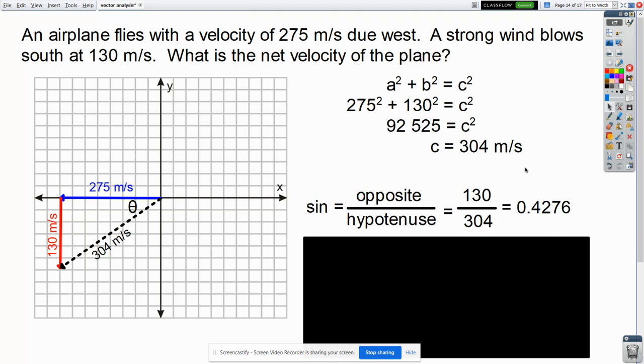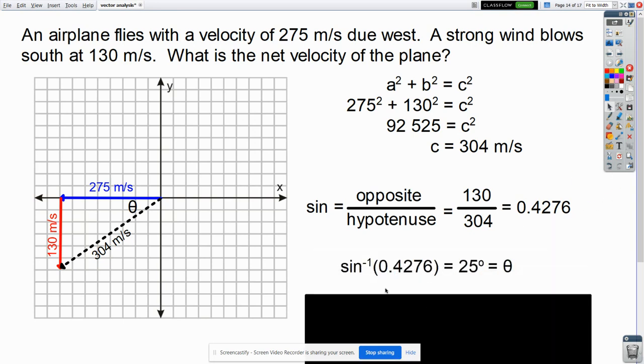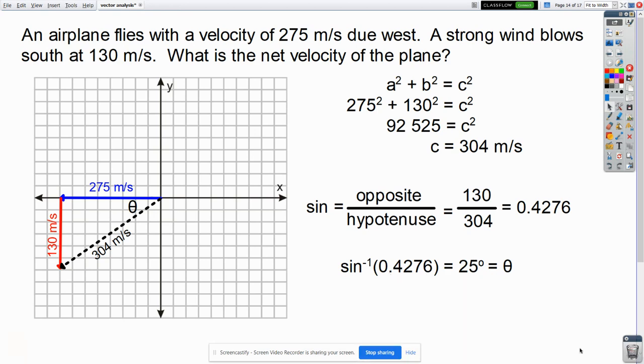Now I got to turn that into an angle. And so the way I do that is hitting the inverse or second function or shift key on the calculator, however yours is labeled, and then the sine button, and then I put in this number, 0.4276. So inverse sine of 0.4276 is 25 degrees.